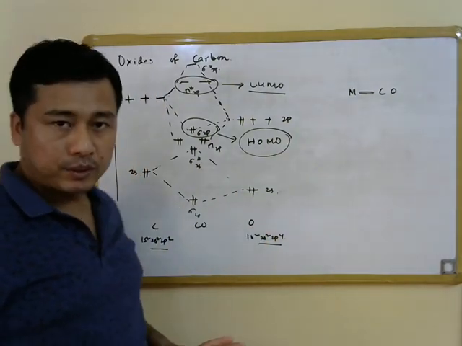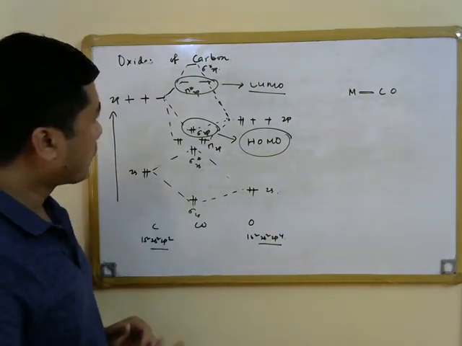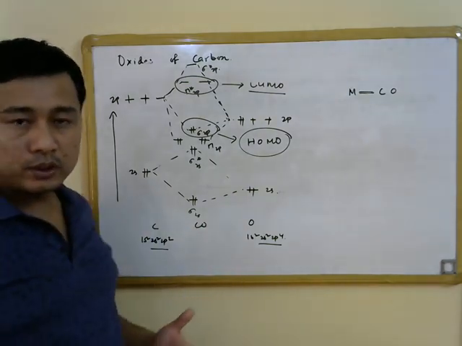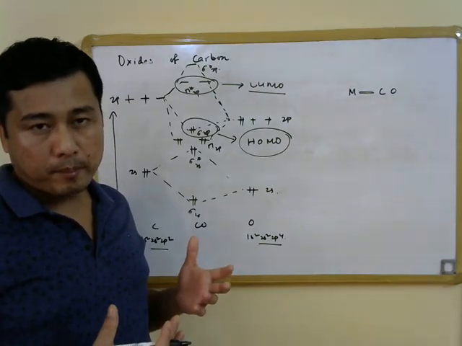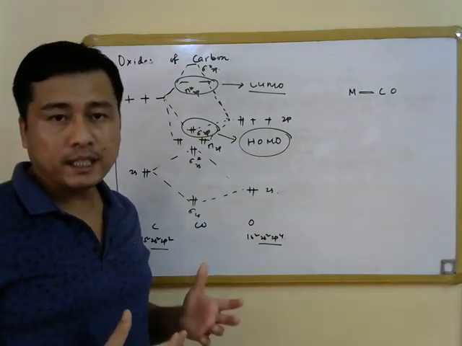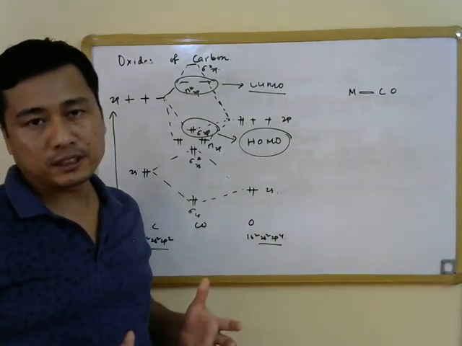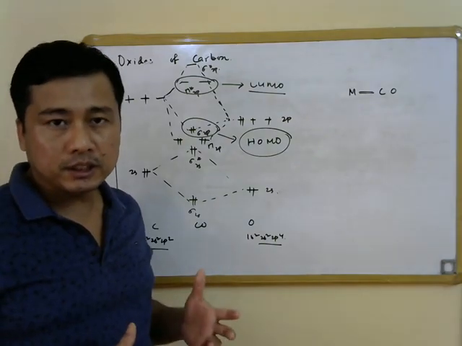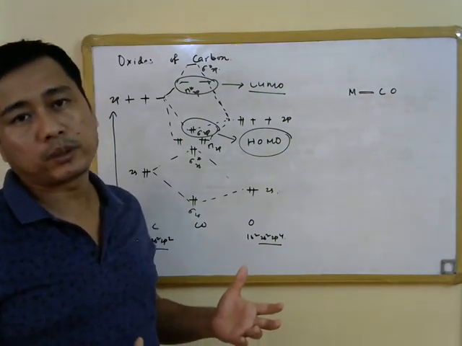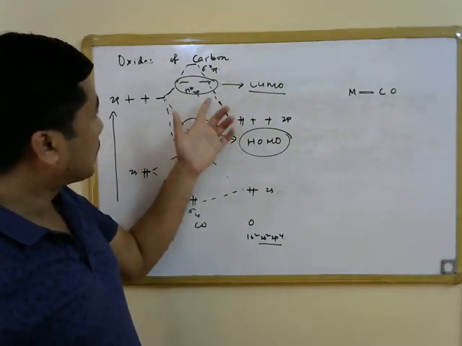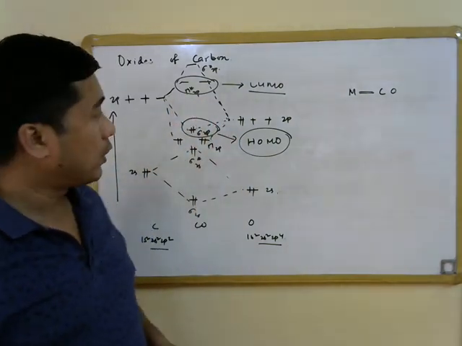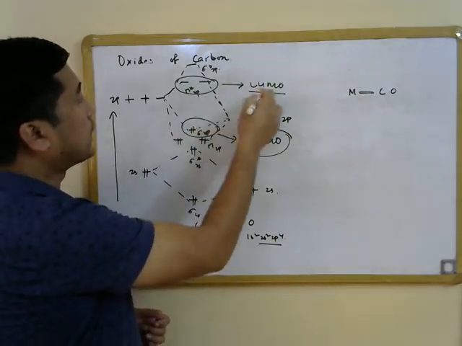Once this sigma bond is formed, because the metals which form complexes with carbon monoxide are essentially in a lower oxidation state, they are electron rich, and they can also donate electrons back to carbon monoxide. Carbon monoxide does have a pair of orbitals where it can accept electrons from metal orbitals, and that is the LUMO.